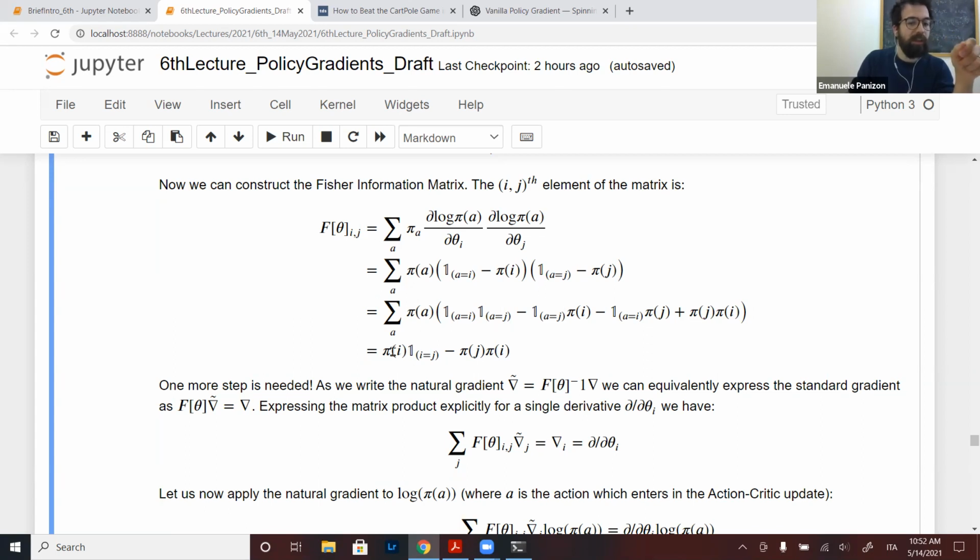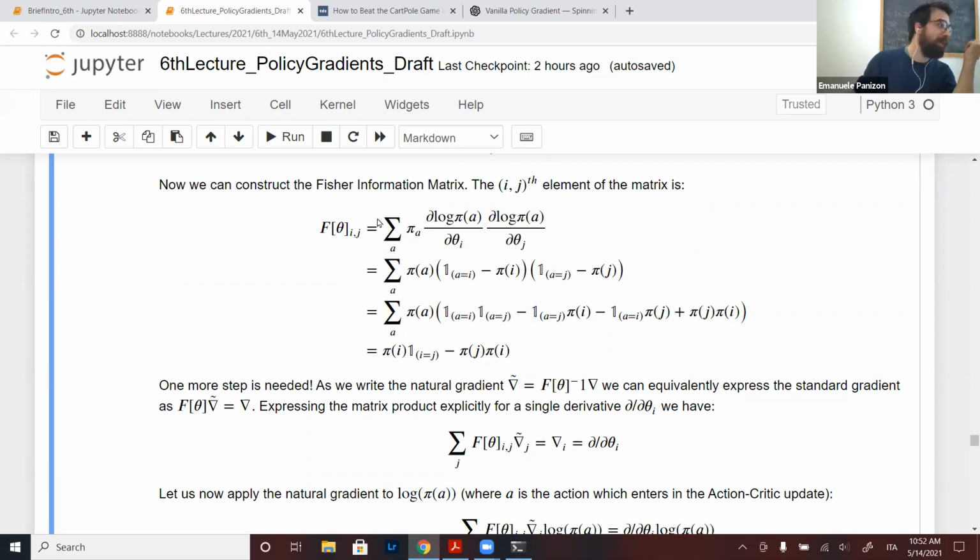The calculation leads to π I, but only if I am on the diagonal, so if j equals I, where j and I are the position in the matrix, minus policy j times policy I. This is the end. So I calculated each entry of the Fisher matrix.